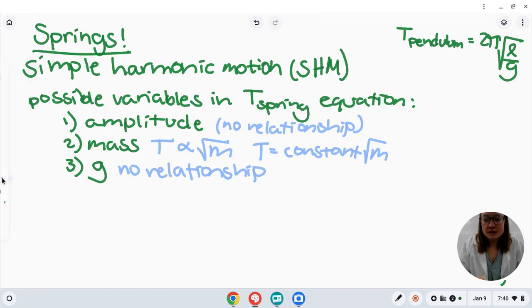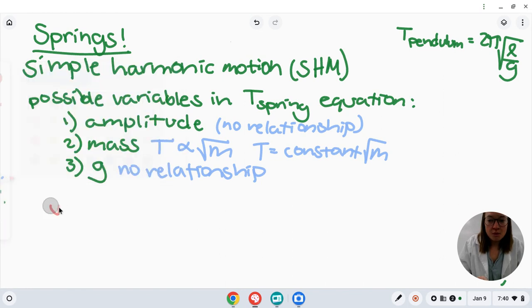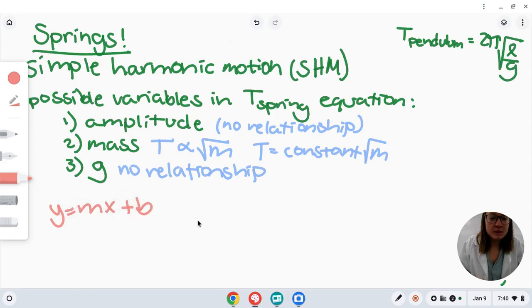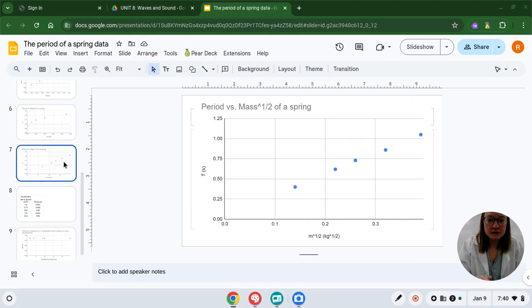You learned yesterday that the way that we find an equation for something based on a graph is that we use y equals mx plus b, and then we use our linear graph to derive the expression. If we go back over here, we can find that our linear graph here has a y, has an m, has an x, has a b, just like any other linear graph.